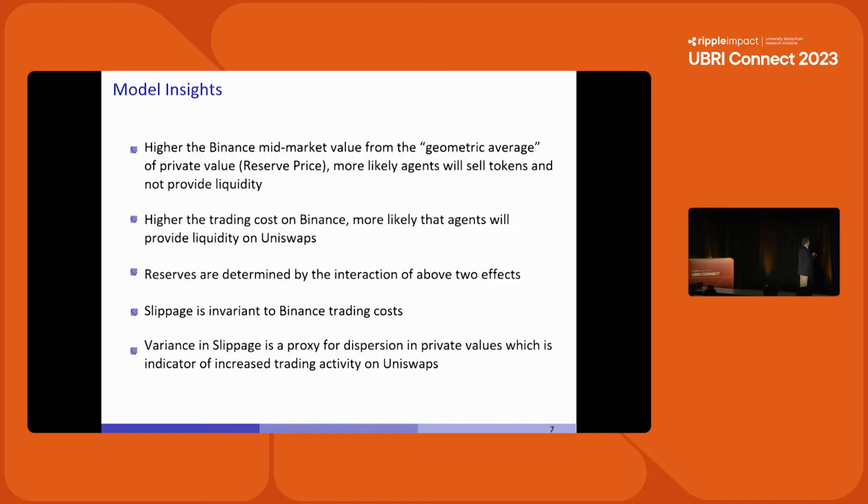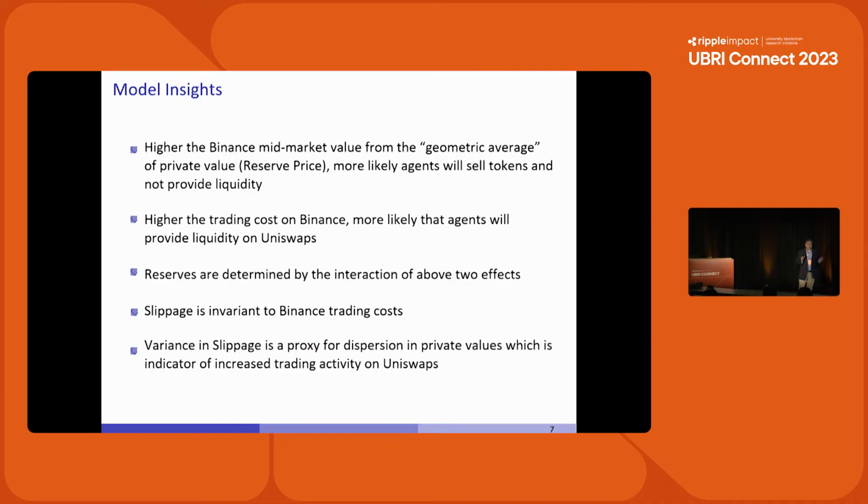On the other hand, if there is a higher trading cost on Binance, they are more likely to provide liquidity. And reserves are determined by the interaction of these two terms. The other thing, which I have not explained, but is one of the insights that come out of our model, is that slippage is invariant to trading cost on Binance.